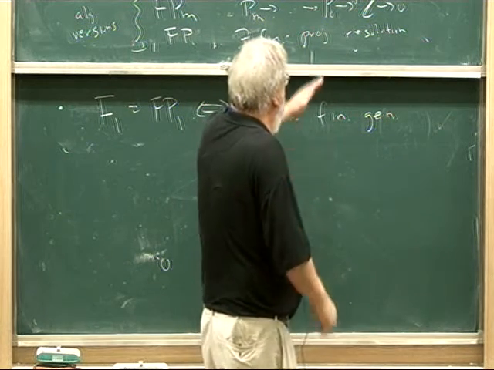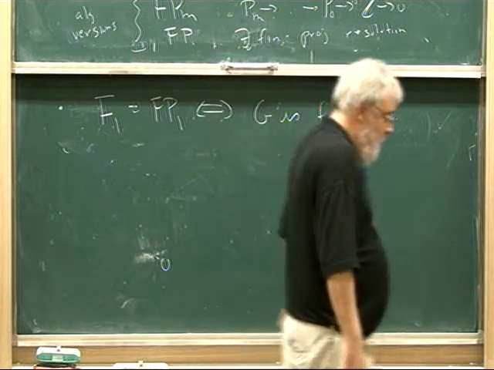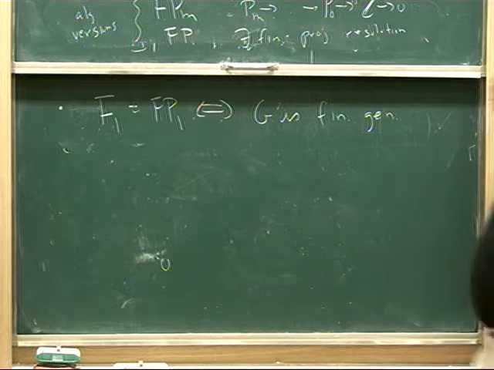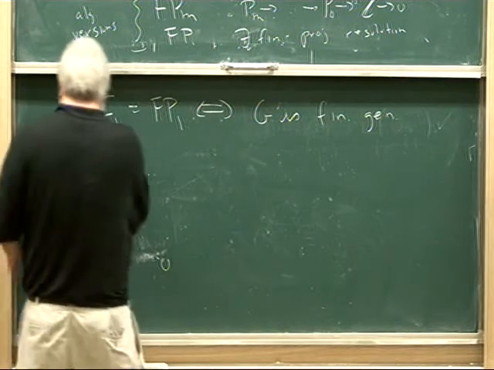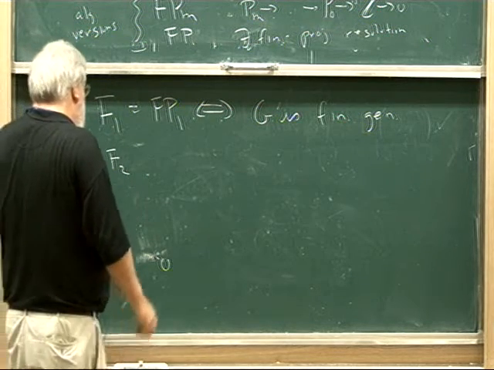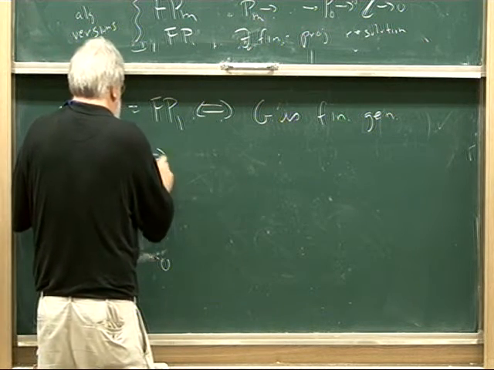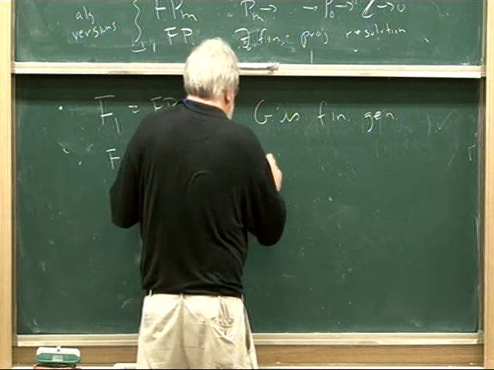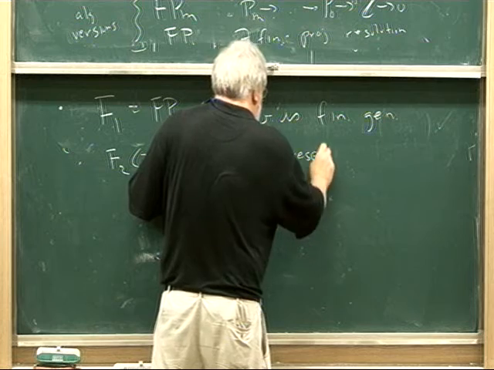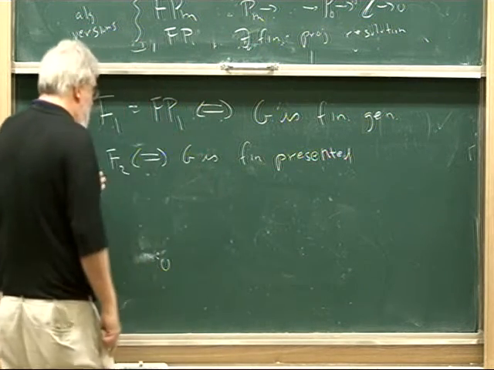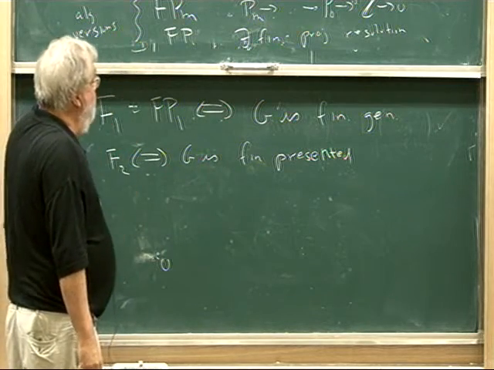It says that you can find a model for BG with finite one-skeleton. And then you say, what about F2? So F2 is the same as saying the group has a finite number of 2-cells, that is, finitely presented. But FP2 just says this homologically.